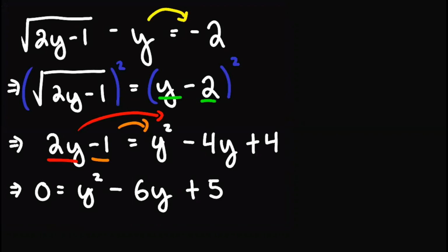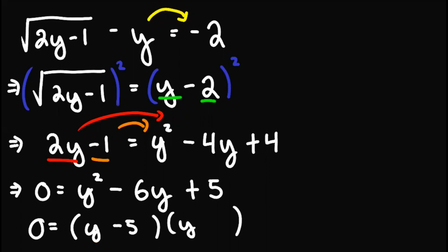There are various ways to solve this one, but we'll use the factoring method. By factoring, you can verify that this factors to y minus 5 times y minus 1. Indeed, if we multiply this, we obtain this. If we add them, we obtain this.